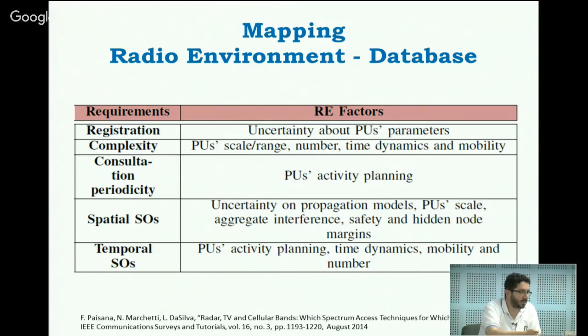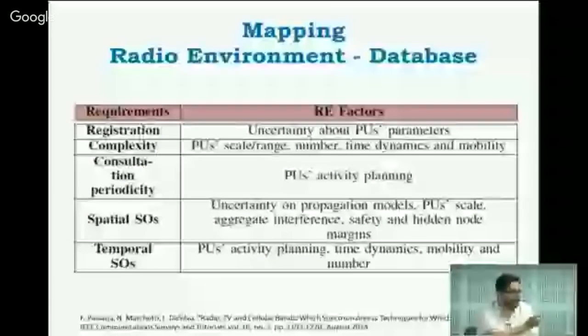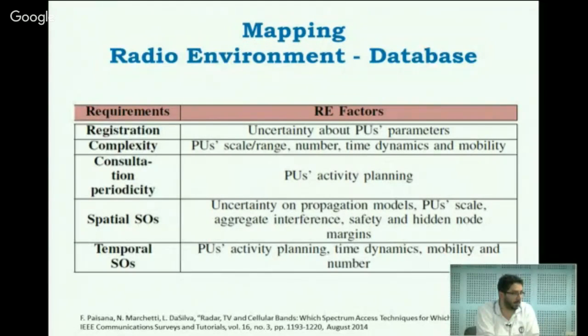So there are some elements that relate the database specifically and the radio environment. Depending, for example, on the dynamics, on the mobility of the primary system, you will have some impact on the temporal sharing opportunities.